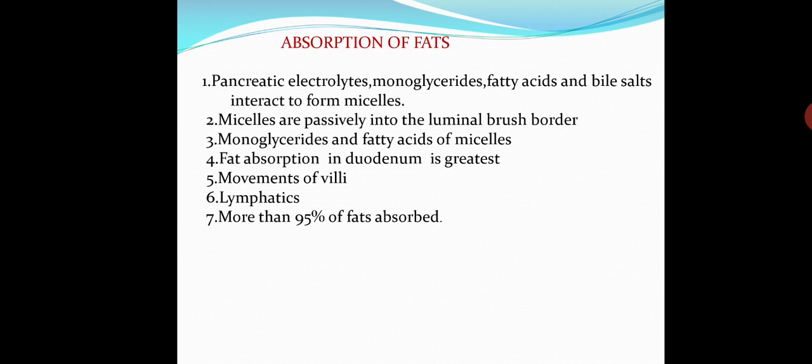Much of this fecal fat is derived from cellular debris and microorganisms. The process involved in fat absorption is not mature at birth. Therefore, infants' fecal fat content is 10 to 15% of the ingested fat. More than 95% of the ingested fat gets absorbed into the body.